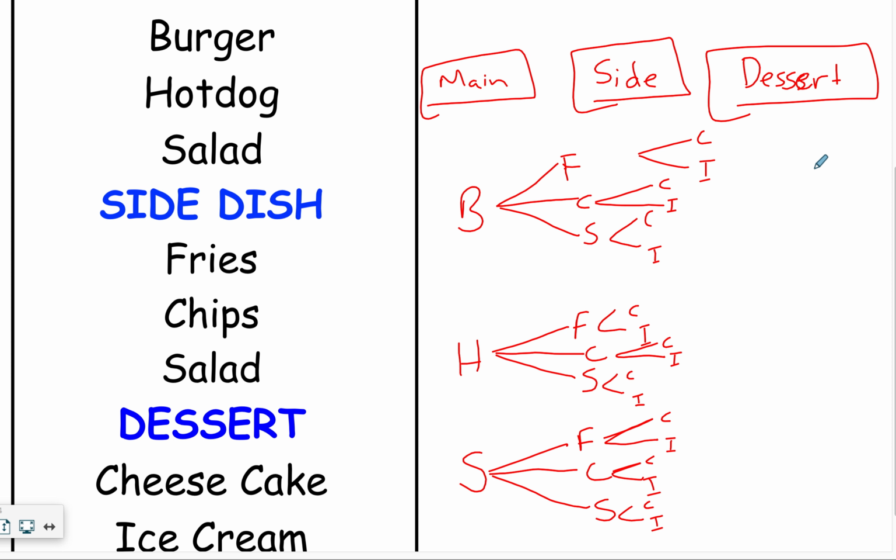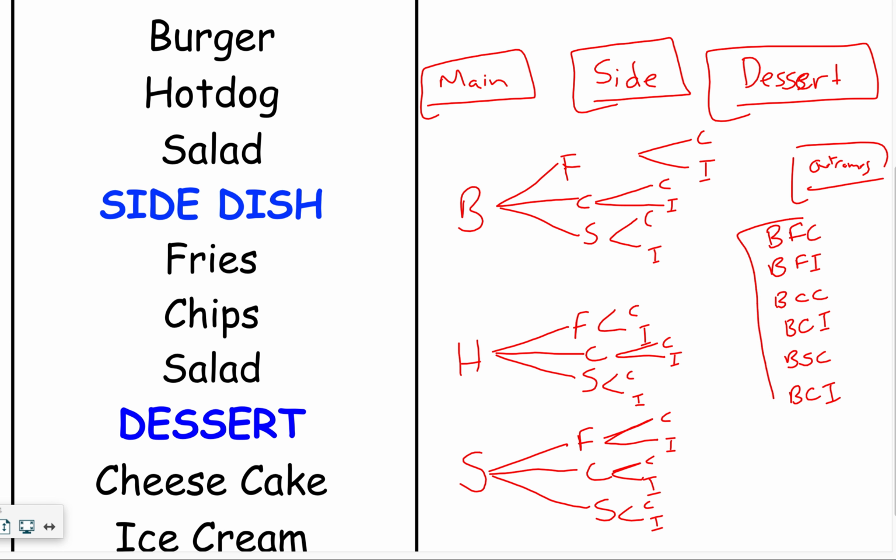So my final outcomes to create my sample space, sorry, not spelled the best there, is going to be burger, fries, cheesecake; burger, fries, ice cream; burger, chips, cheesecake; burger, chips, ice cream; burger, salad, cheesecake; burger, salad, ice cream.